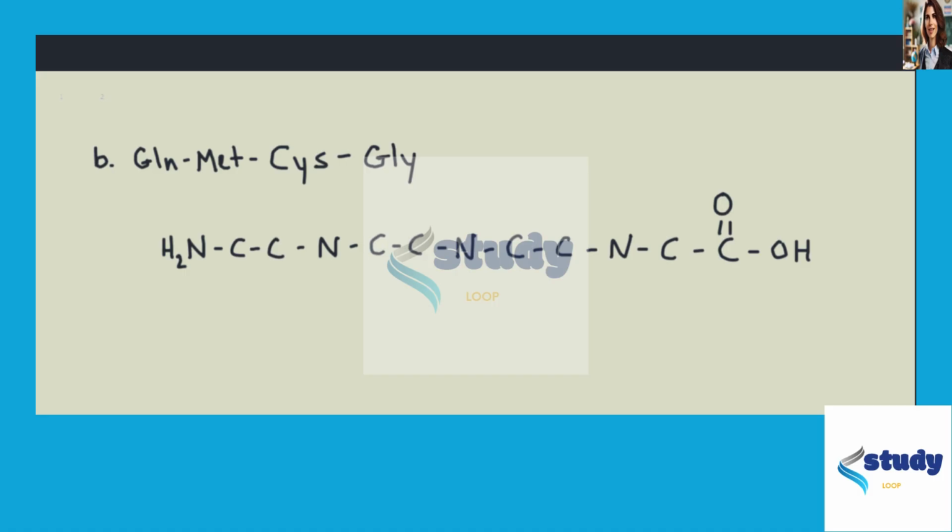So let's get all our nitrogens. Got a hydrogen on each one. A hydrogen on each chiral carbon. Then every second carbon has oxygen attached.